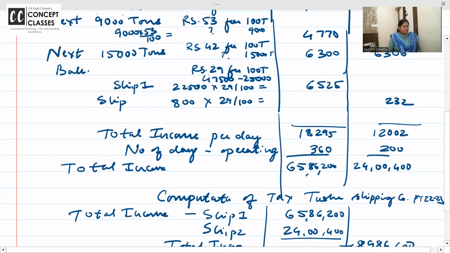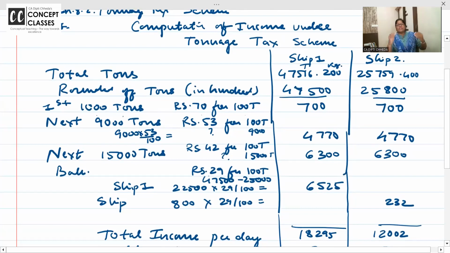Any doubt? Check whether you are following or not. What is the first step? Whatever the tons are, round off to the nearest 100 tons.